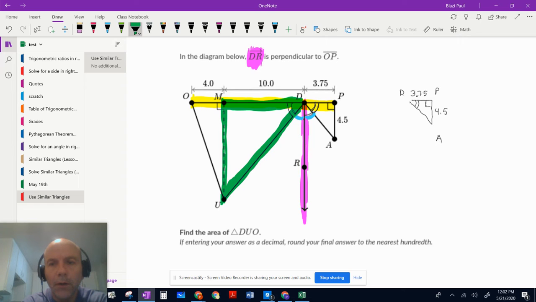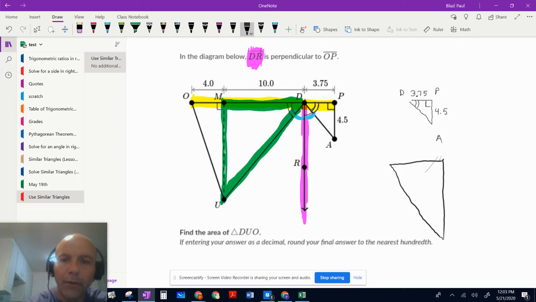Got it? What I'm going to do now is go ahead and draw triangle DMU over here. I'm going to reflect it. It's going to look like a reflection of itself. So if I were to flip it, that would put D right here.